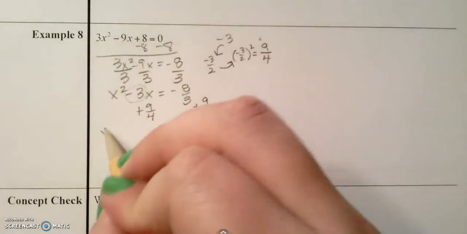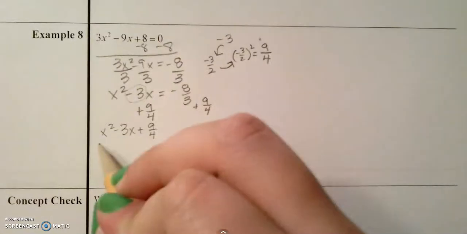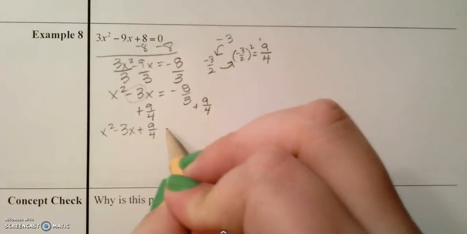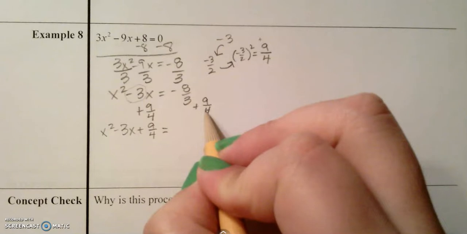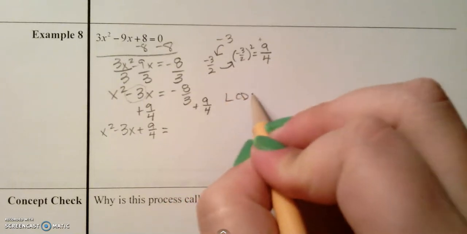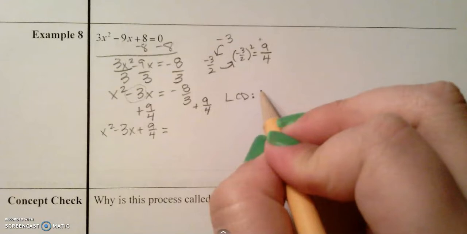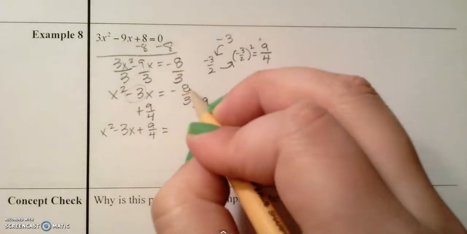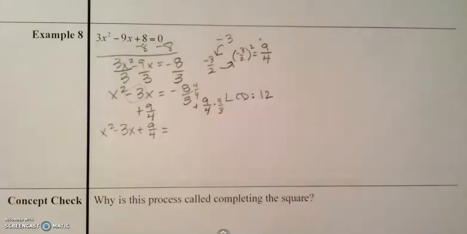So we have x squared minus 3x plus 9/4, which we know will factor because it's a perfect square trinomial, equals, now I have two fractions that I'm adding together, so I need an LCD. My LCD here of 3 and 4 is 12. So I multiply my top one by 4 over 4, the second one by 3 over 3.